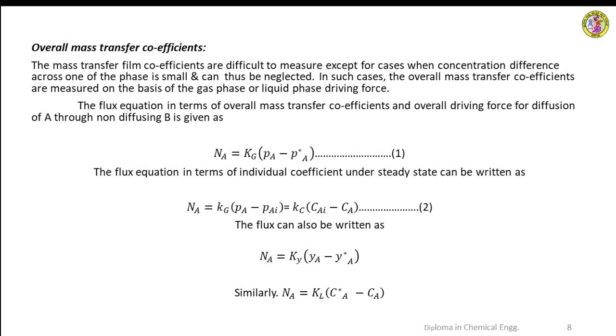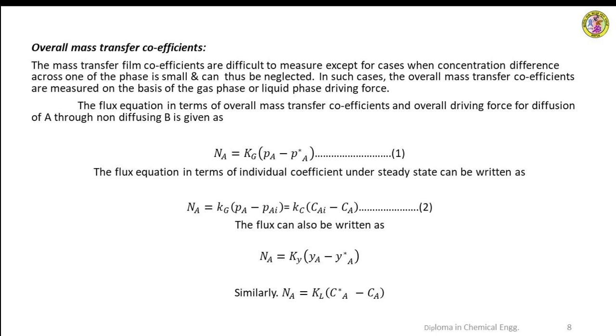Now, equation number 1 can also be written using the mole fraction terms like this: Na is equal to capital Ky into Ya minus Ya star. So Ya is the bulk gas phase concentration. You cannot write Ca because the coefficient Ky is based on the gas phase. So instead of writing Ca, its corresponding equilibrium concentration Ya star has to be written.